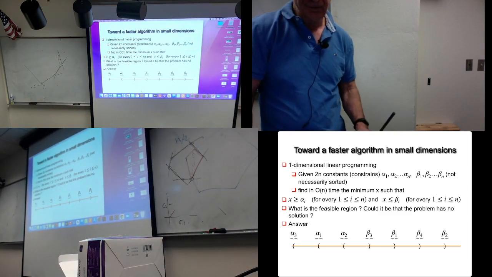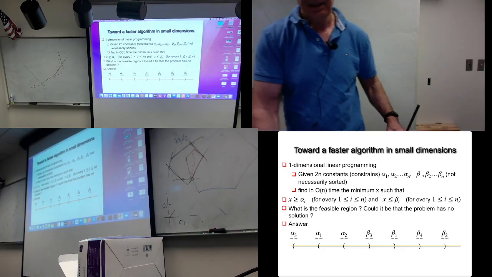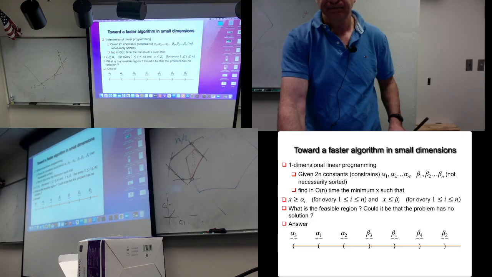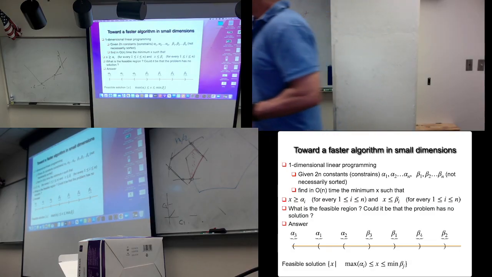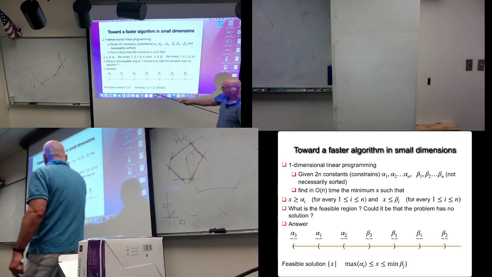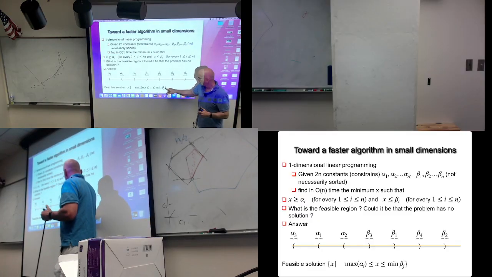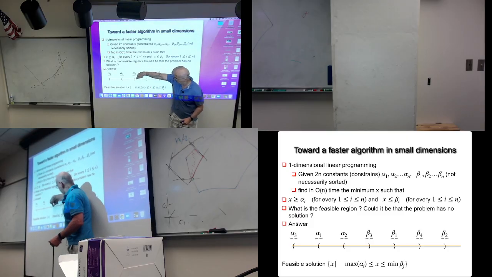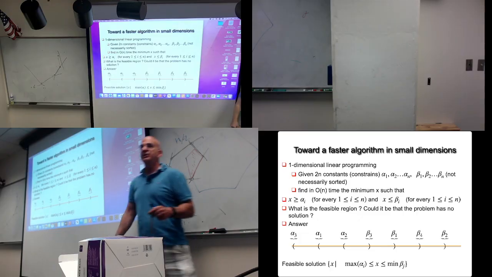So I just need to find the maximum and the minimum of each set separately, and then my x are the feasible region of all the x's in this region that lives here in between.